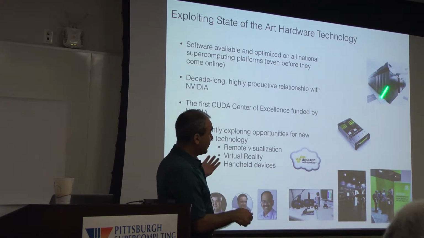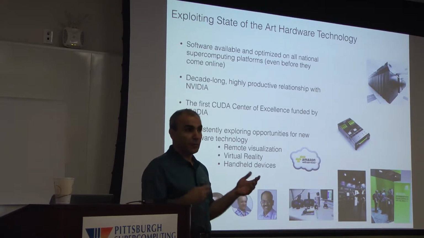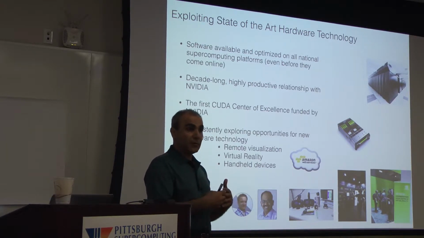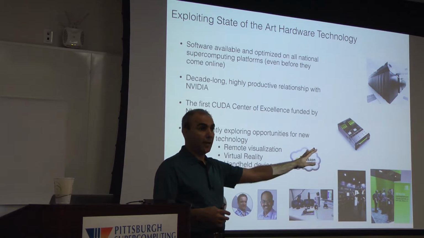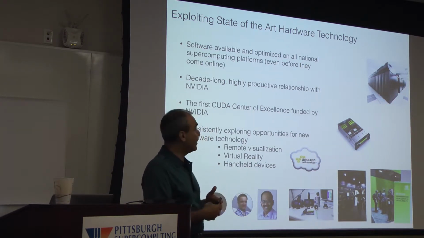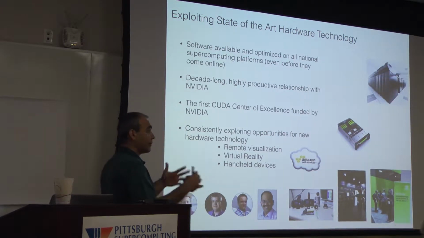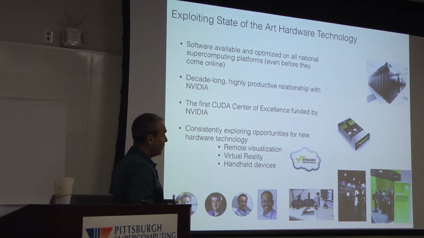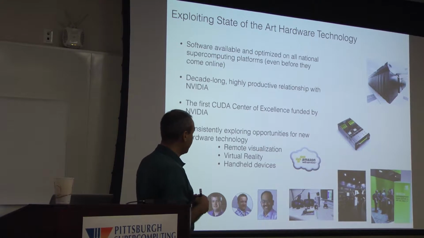When supercomputers are buying new machines, we are working with them to optimize our code on the machine that will become online 1 or 2 years down the road. So we are closely working with all the hardware fronts to make sure that our software runs optimally.